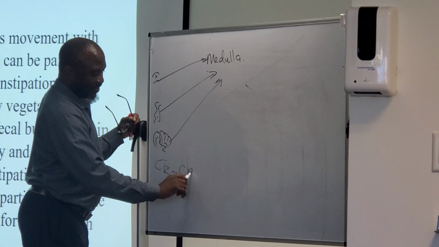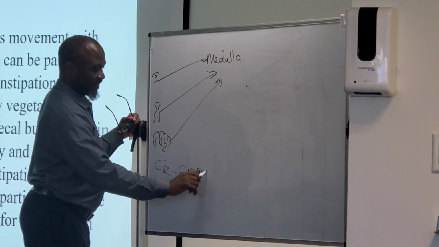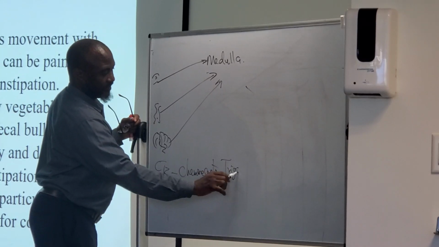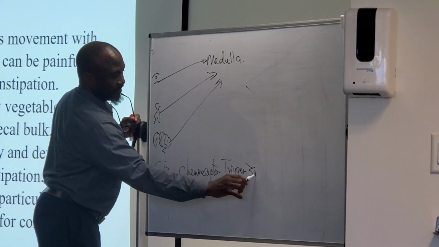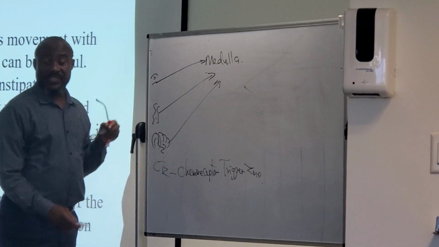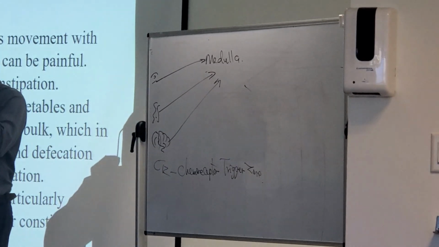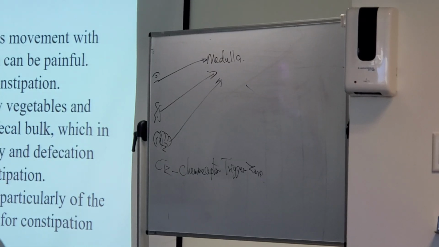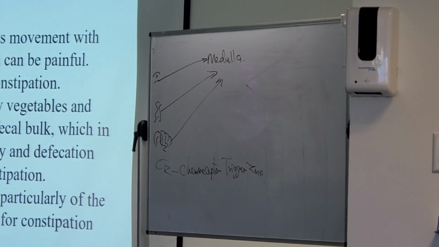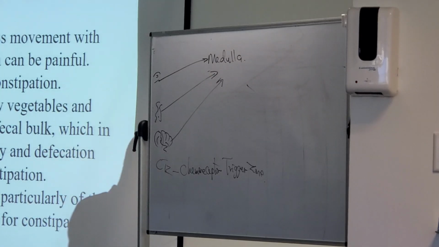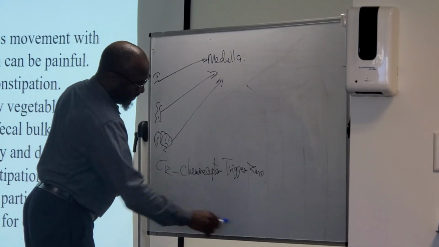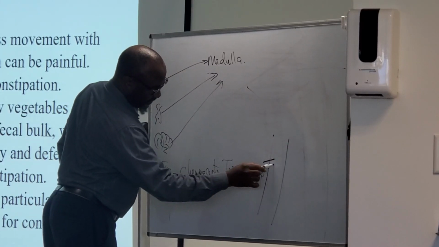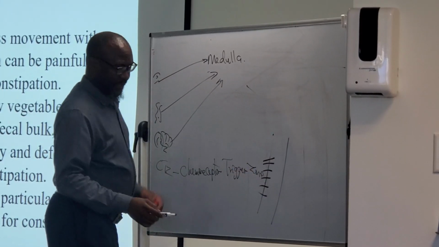This is called the chemoreceptor trigger zone. The chemoreceptor trigger zone is a zone very close to the ventricles of the brain, very close to the blood-brain barrier.